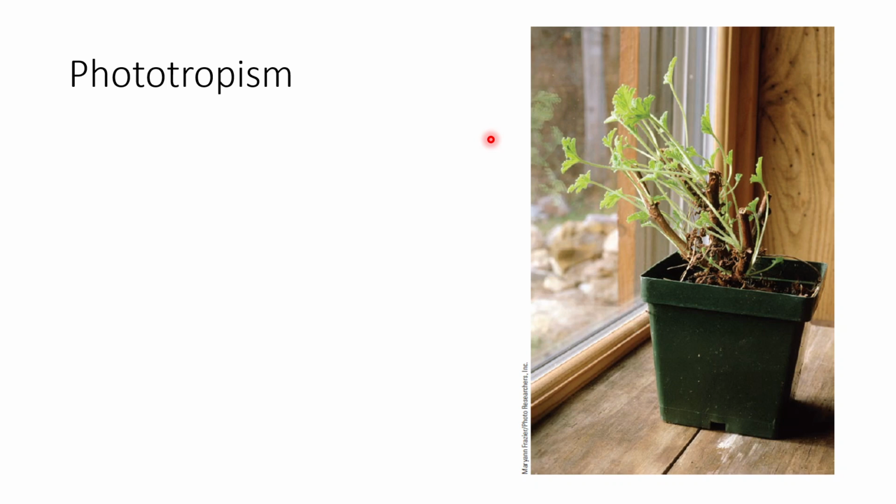Gibberellins are also involved in the seed germination of certain plants, most cereals and grasses. In a classic experiment involving barley seed germination, researchers showed that the release of gibberellin from the embryo triggers the synthesis of an enzyme that digests starch in the endosperm.